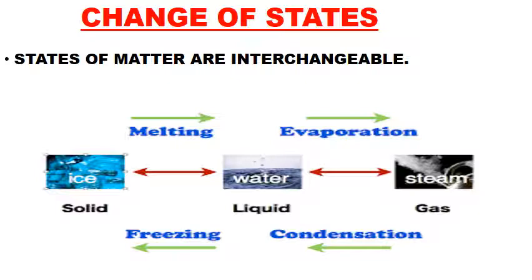This process is called melting. When water, which is a liquid form, is heated, its molecules become free. It changes into steam or gas, and this process is called evaporation.